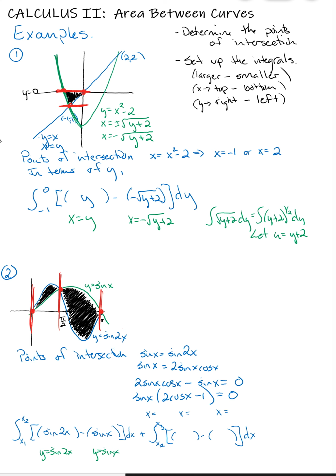For the second bit, between the second and third point, you'll notice that those get turned around. So the top one is y equal to sine of x, and the bottom one is y equal to sine of 2x. And so we fill in those blanks in reverse order.